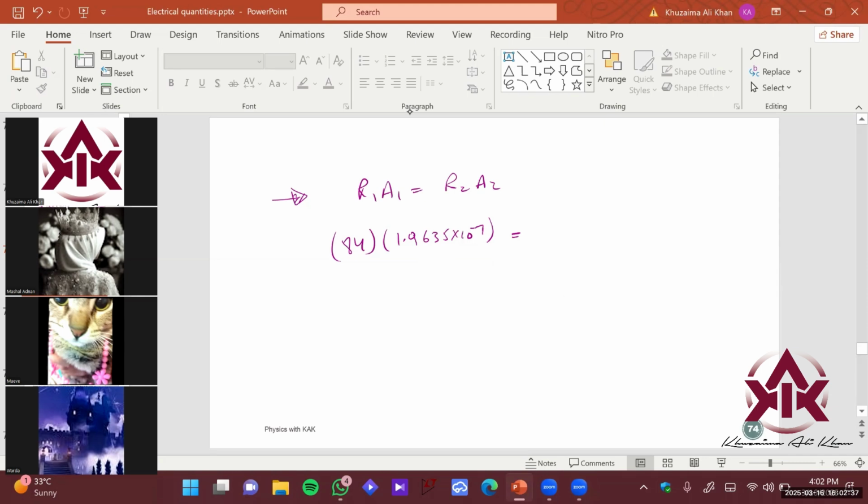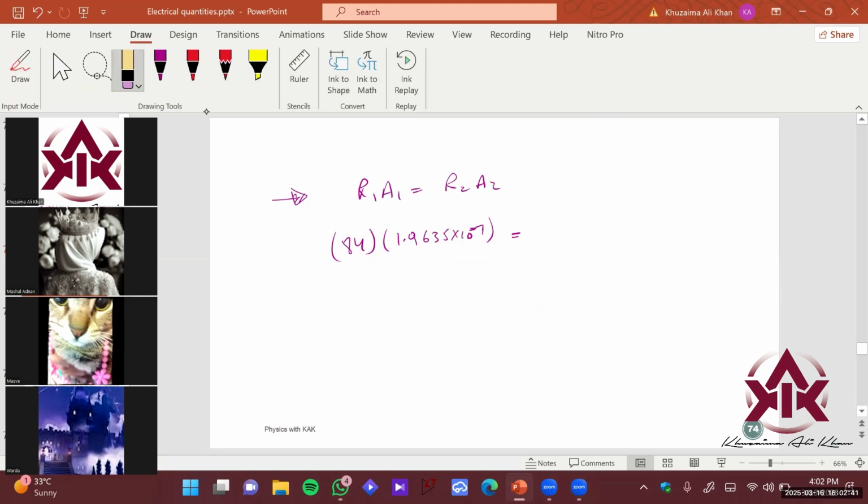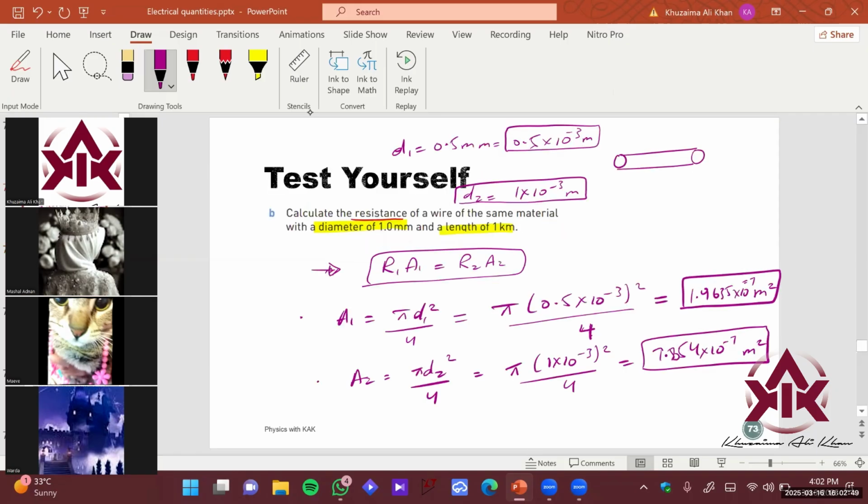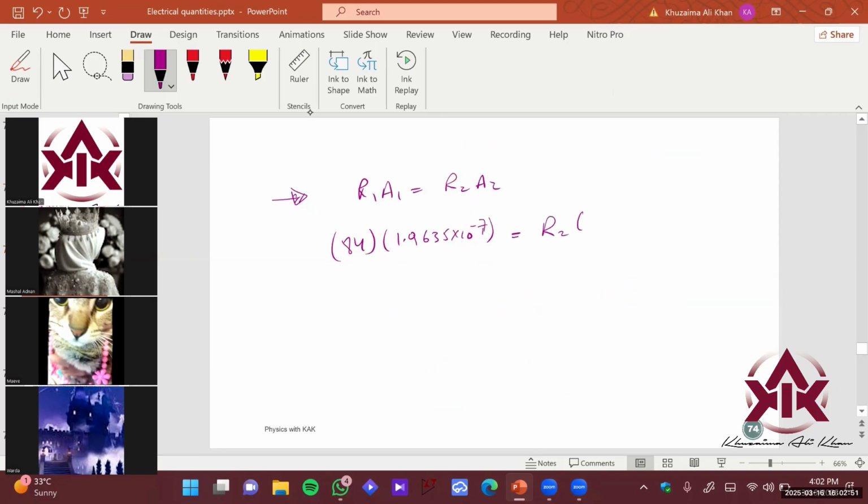And R2 is unknown, which we want to find out over here. And the area 2 is coming out to be 7.854 exponent minus 7, right?